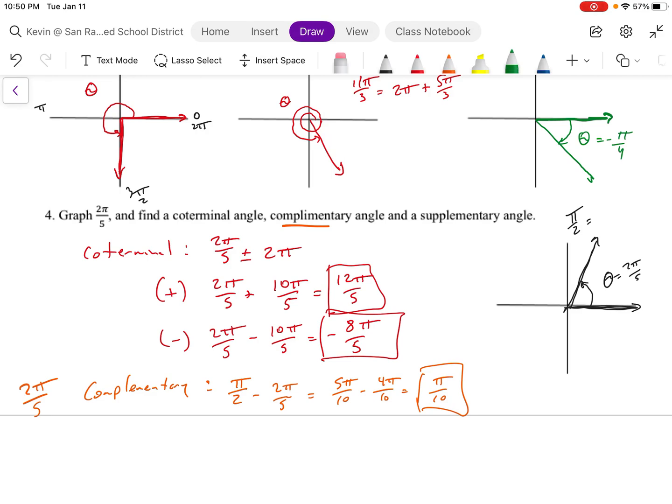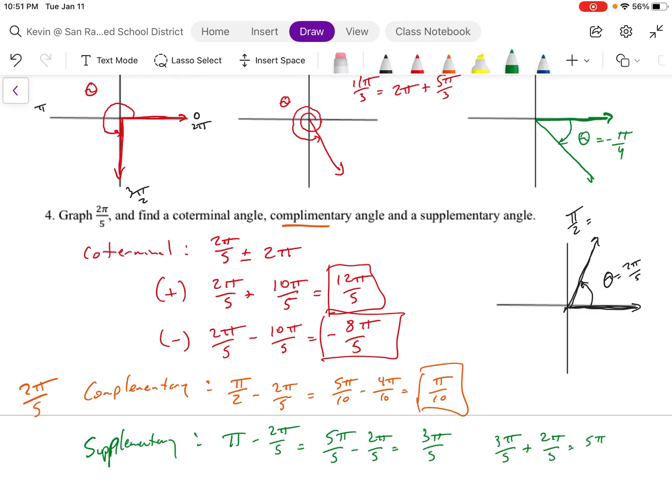And then lastly, supplementary. Here we'll take pi minus 2 pi over 5. Again, common denominator, that'd be 5 pi over 5 minus 2 pi over 5, 3 pi over 5. And that makes sense. 3 pi over 5 plus 2 pi over 5 equals 5 pi over 5 equals pi, which equals 180 degrees.